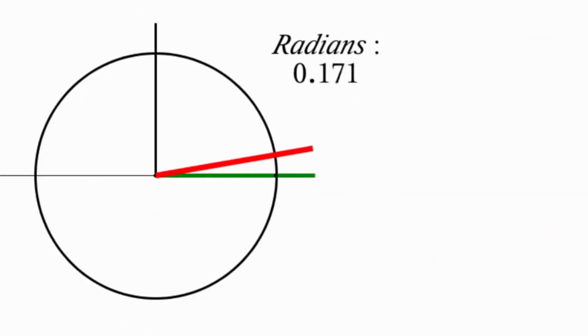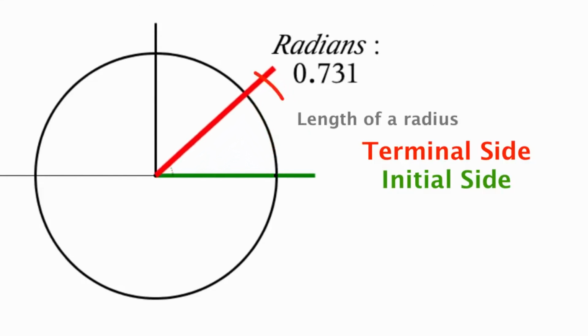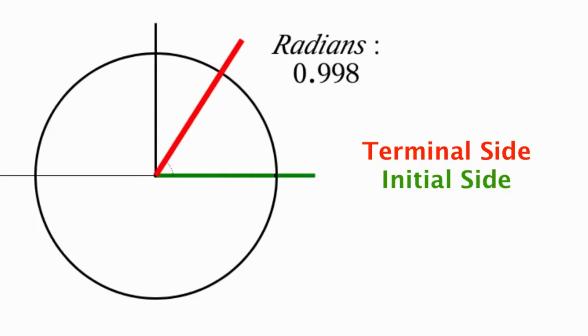Okay, what you're seeing here is a slightly different picture of the unit circle, and the red side, which is moving around, is going to be called the terminal side, and the green side is going to be called the initial side. So I put it in your heads that a radian is a length, and I'm going to adjust this so that the terminal side is 1 radian away from the initial side.